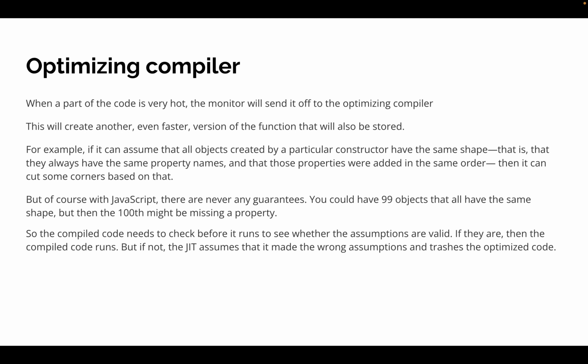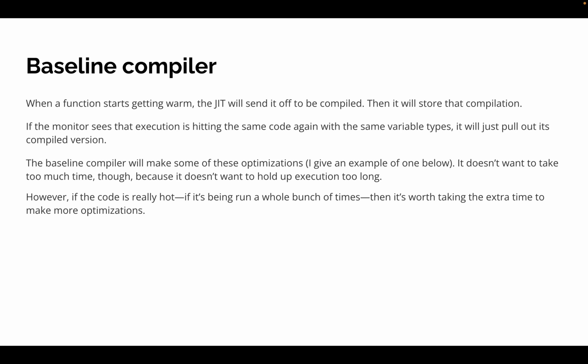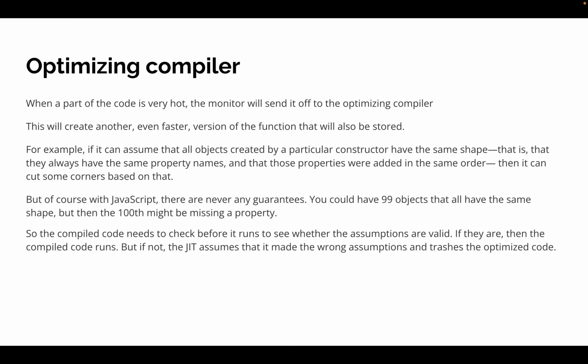But as you know, JavaScript is dynamic, and there aren't any guarantees about the types, no pun intended. If the optimizing compiler or the baseline compiler is wrong about those assumptions and optimizations, we can always trash their results and go back to the interpreter.